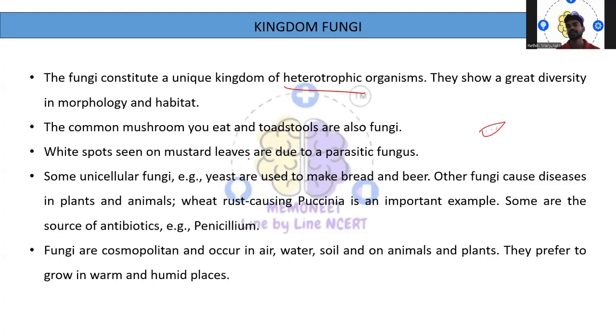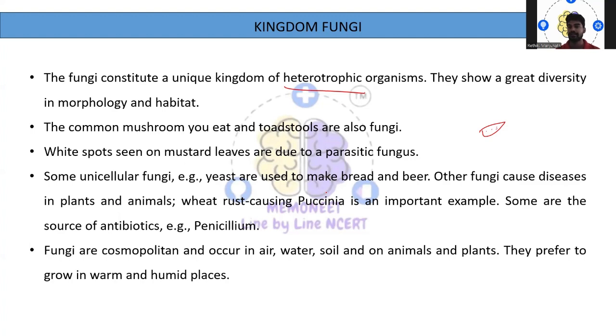Some fungi cause diseases in plants and animals, like fungal diseases, and wheat rust caused by Puccinia is an important example.